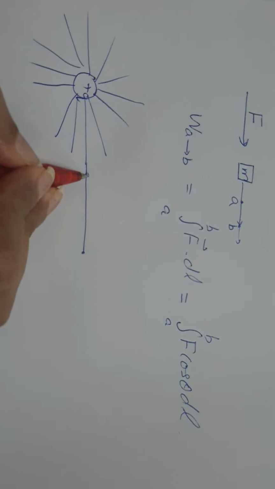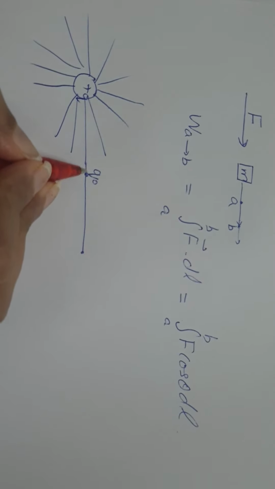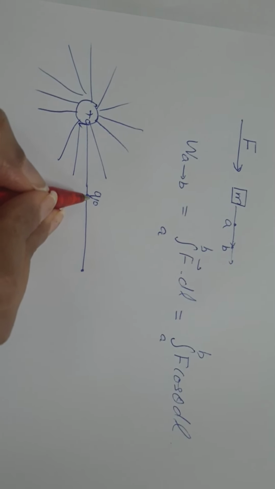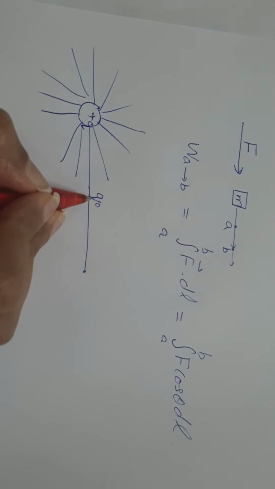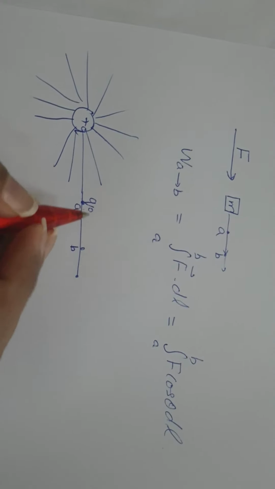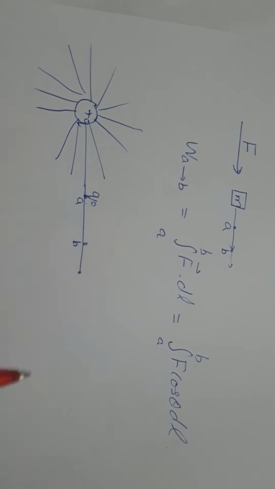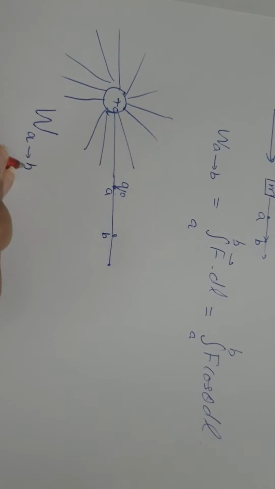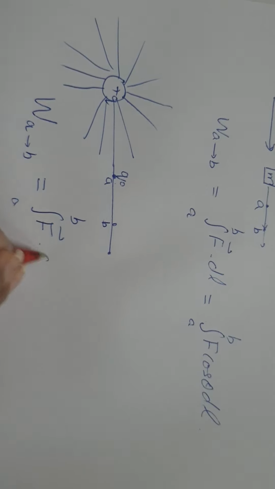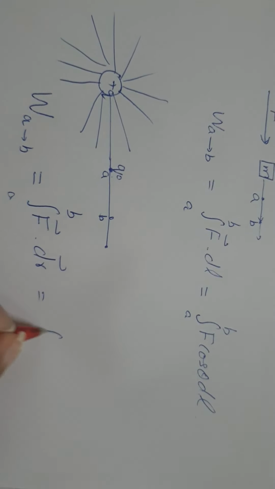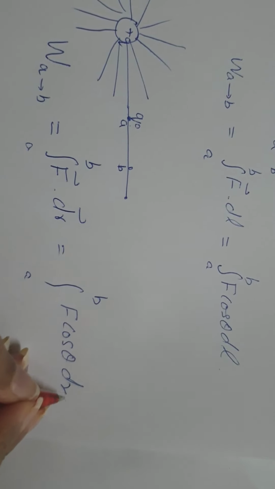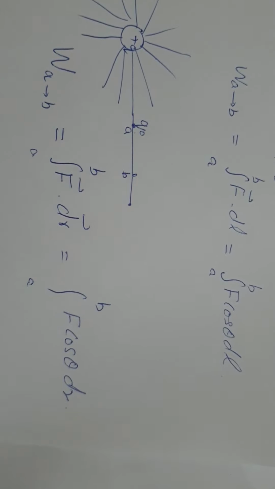And a charge is moving under the influence of this field, which exerts an electrostatic force F on it, and this charge moves from A to B. The work done would be given by, as the particle is moving from A to B.